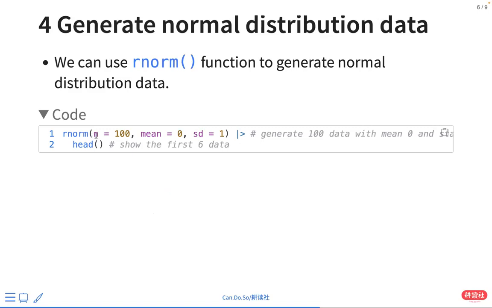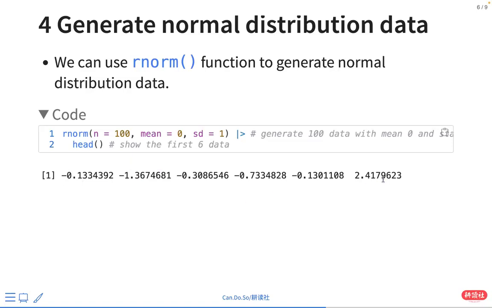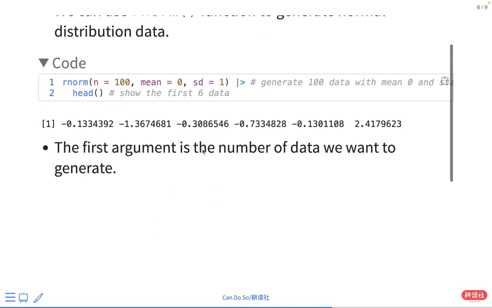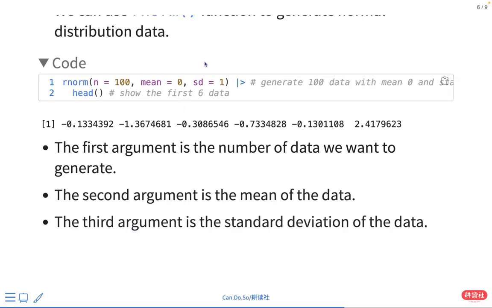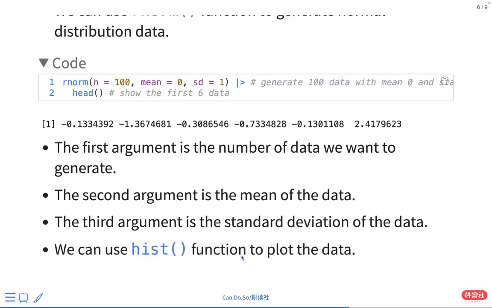In this case, we set n equals 100, mean equals 0, and standard deviation is 1, so we will get 100 data points like this. The first argument is the number of data we want to generate, here 100. The second argument is the mean of the data. And the third is the standard deviation of the data.